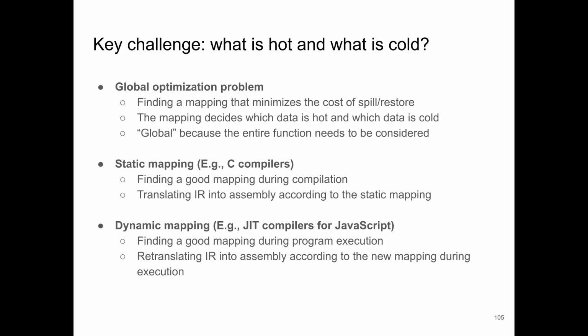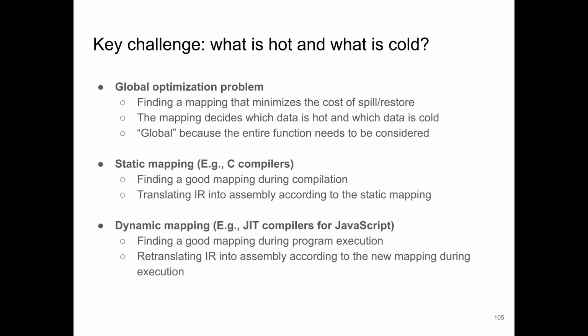Here, you find a good mapping during program execution, generate assembly, then run and see. By profiling the execution of a program, you can see that this mapping is actually not very good, and maybe another mapping would be better for the performance of the execution.